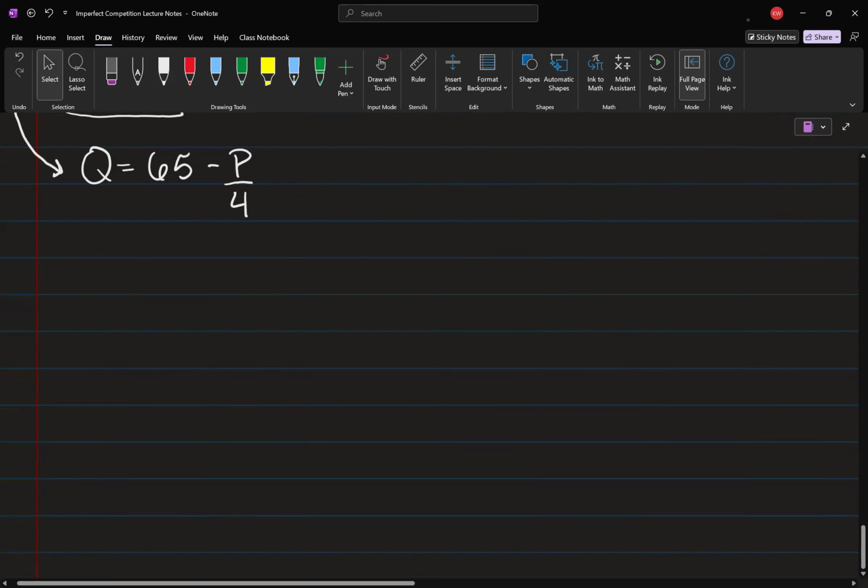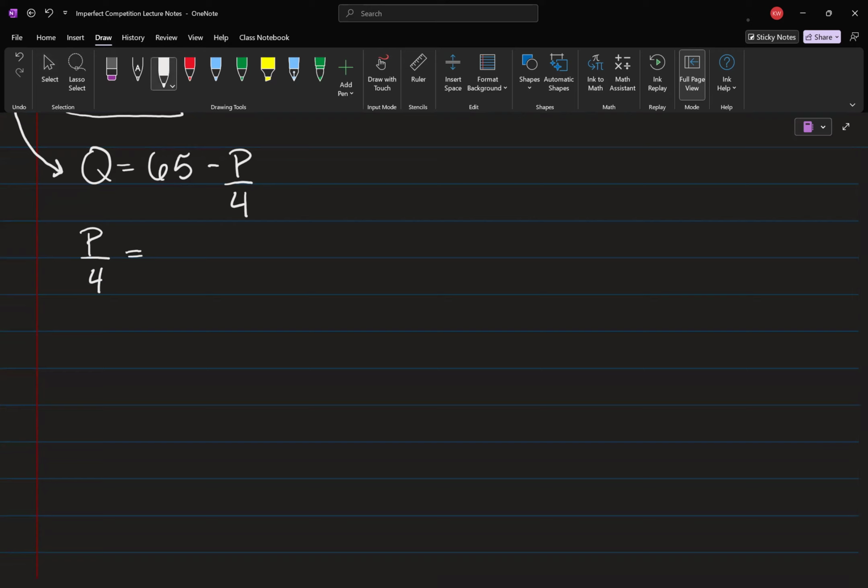We're going to add price over 4 to both sides and subtract quantity, such that we get price over 4 equal to 65 minus Q. Then we're going to multiply both sides by 4. That's going to give us 260. So we'll have price equal to 260 minus 4 times the market output.